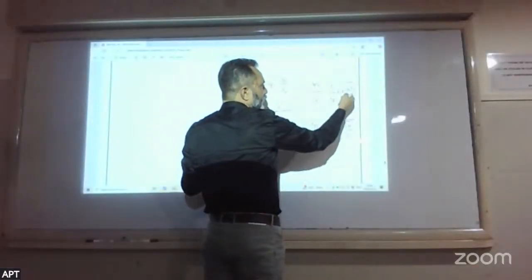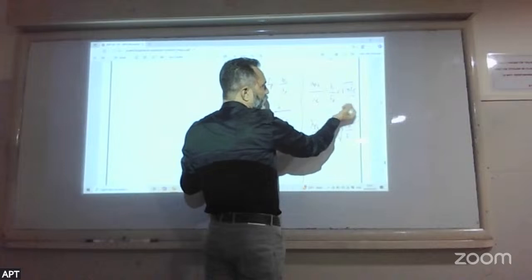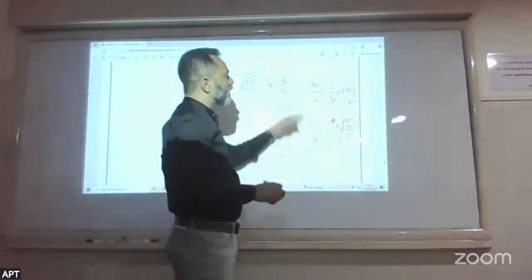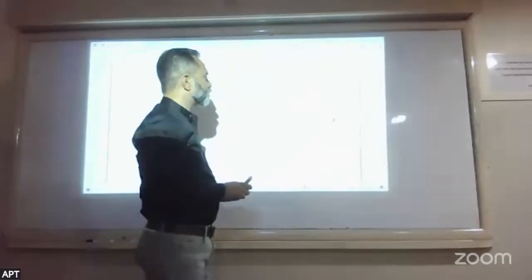Energies are the same, so I can take this inside the root. Only c will be left over, and the h cancels. Taking the E inside, it will be under root 2m by E. So that's my answer: c into root of 2m by E. Clear? Next.